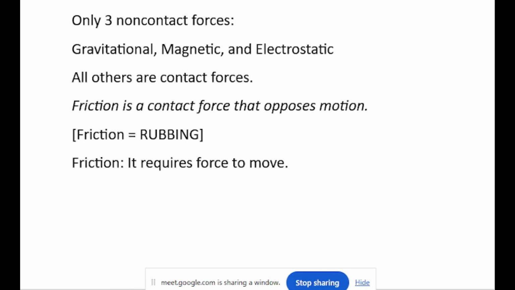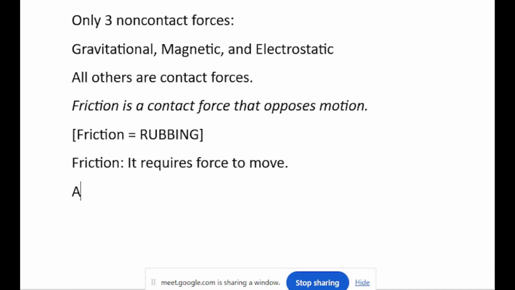Why? A heavy thing, if you give it a little push, nothing will happen. Why? Supposing it is a very heavy thing and you are trying to move it with a small force, you cannot move it. Why? Friction opposes. Friction will oppose and the two will become balanced forces.